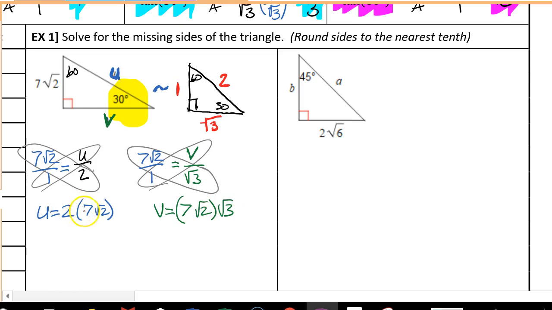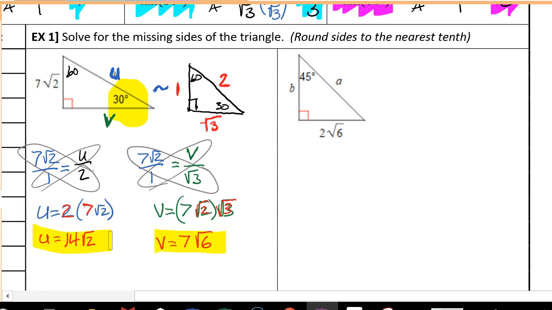So here I have 2 times 7 times square root of 2. Since 7 and 2 are both outside of the square root, I can multiply them together, giving me 14 root 2 as my value of u. Here with v, I have a 7, a square root of 2, and a square root of 3. So I can multiply together the 2 and the 3 both underneath the square root, giving me 7 times the square root of 6. And I have my answer for the side lengths.